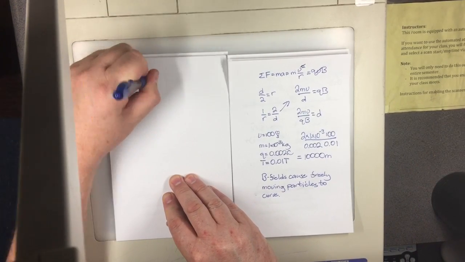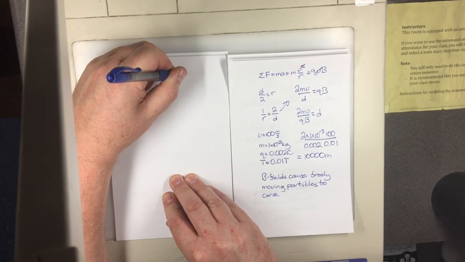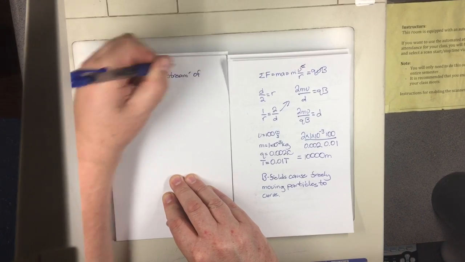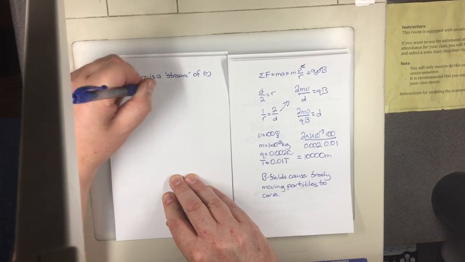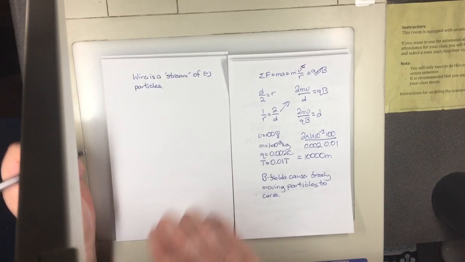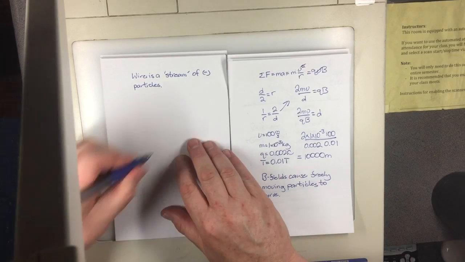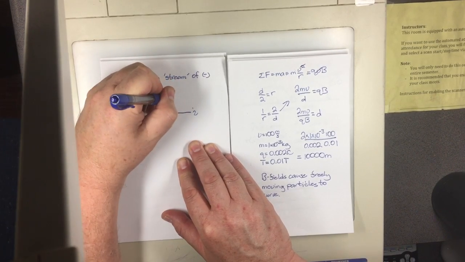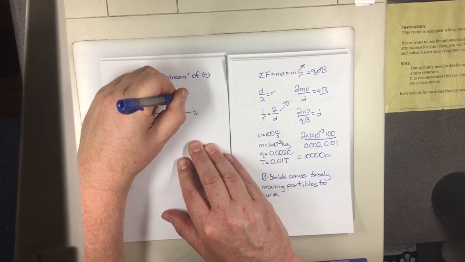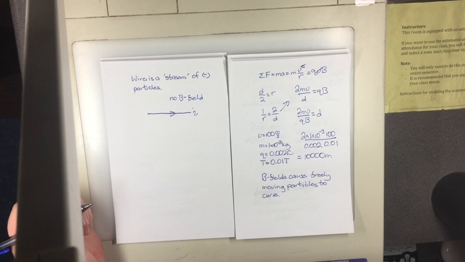A wire is a stream of negative particles, or really negative electrons, or just flat out electrons, kind of redundant. So we've got a stream of negative charges, and if we had a wire of current I with no B field, that wire would just go on its merry way and not bend or anything.